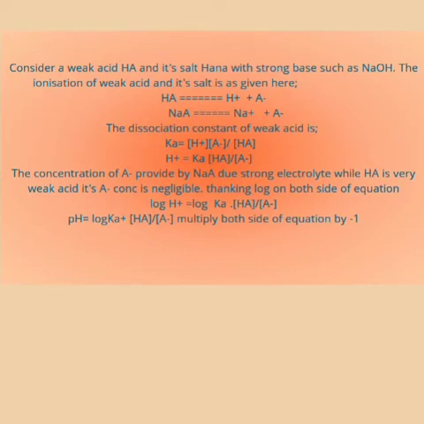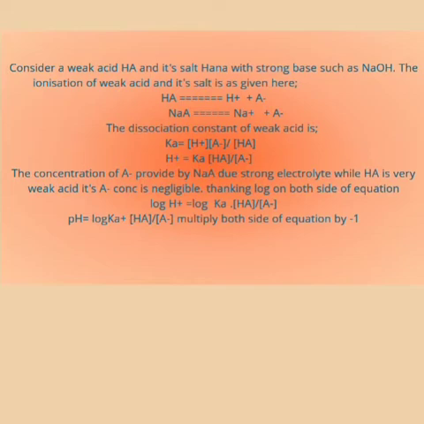Taking log on both sides of the equation, log of hydrogen ion will be equal to log of the dissociation constant Ka multiplied by the molar concentration of HA divided by the molar concentration of A negative. Then multiply both sides of the equation by -1.